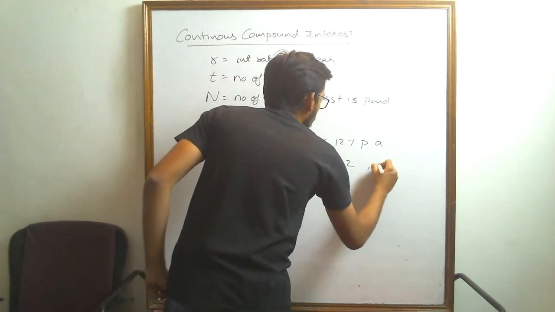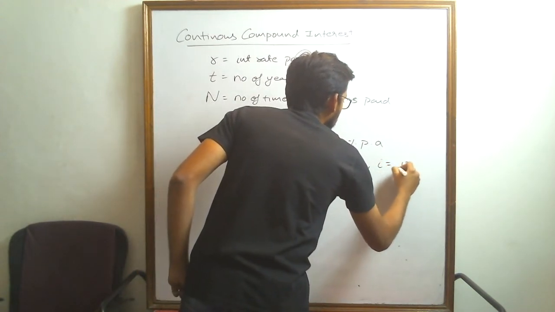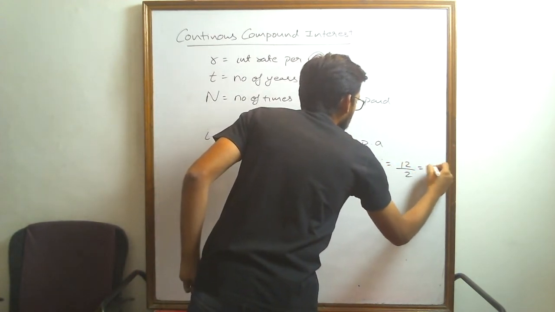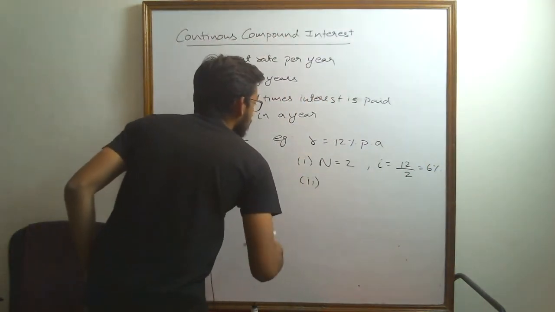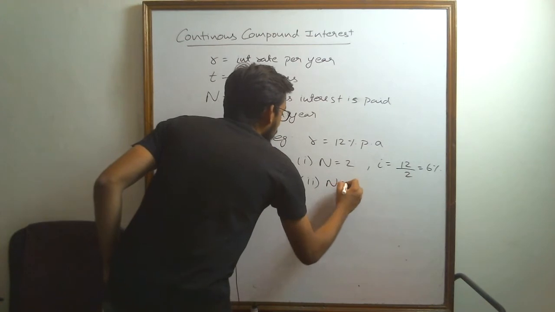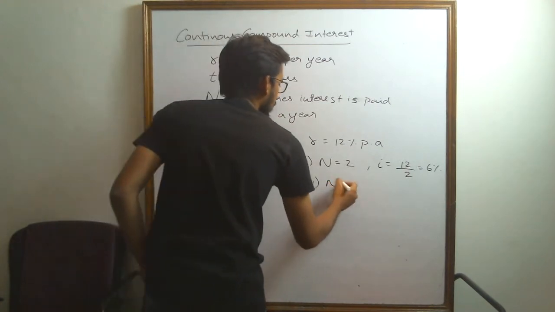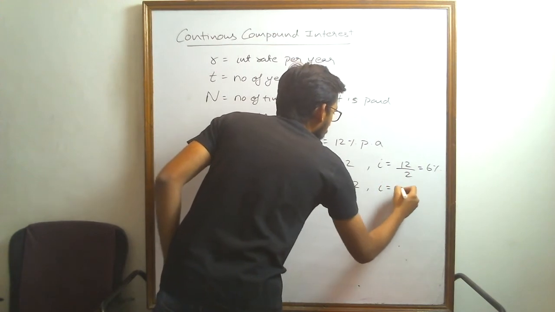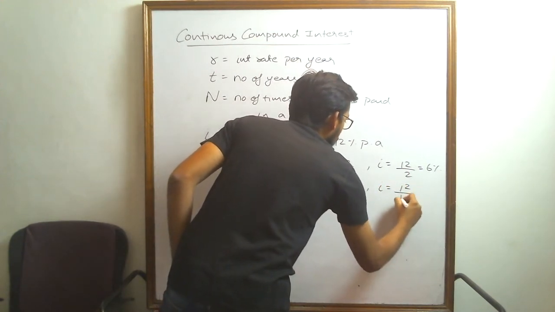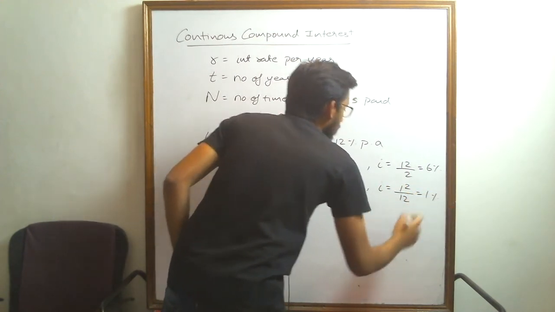In this case, I will be equal to 12 by 2, which is equal to 6%. Now suppose the interest is being paid monthly. In that case, capital N will be equal to 12 and the interest rate per compounding period will be 12 by 12, which is 1%.